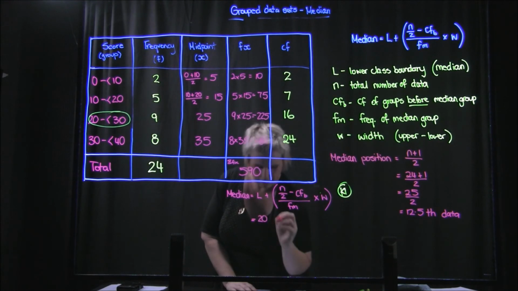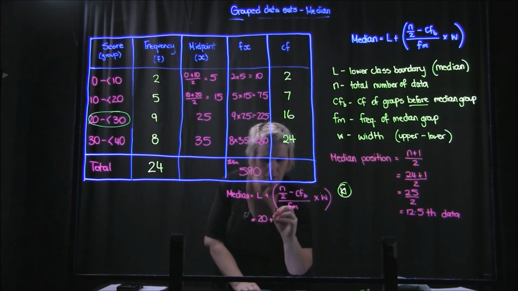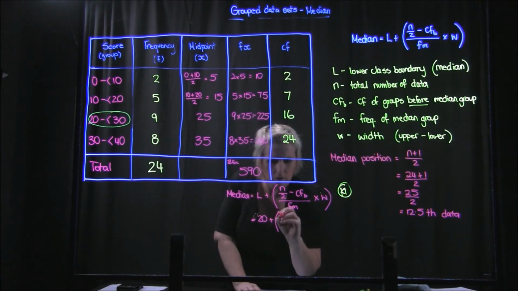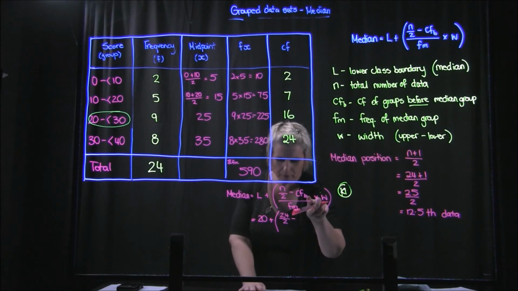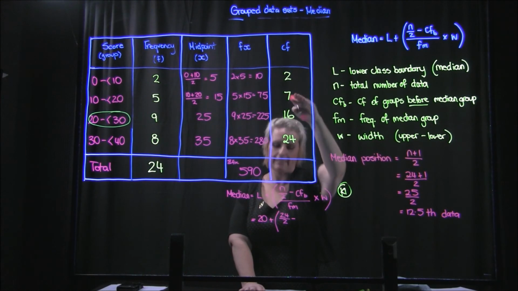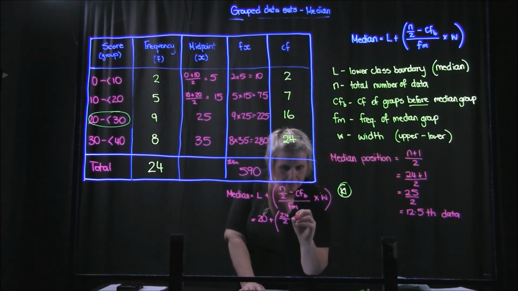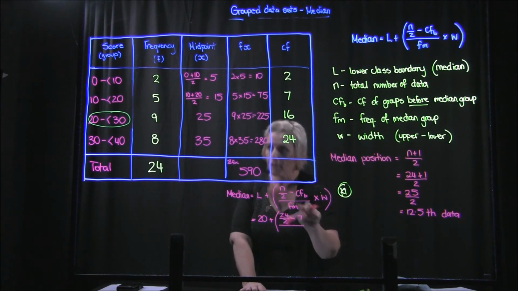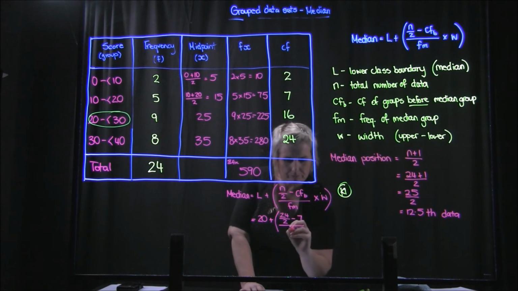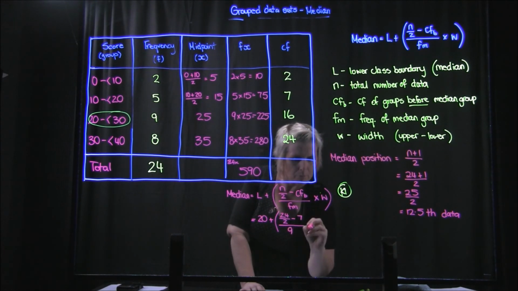So that's going to be 20 plus, so N is 24 over 2 minus cumulative frequency before the median group. This is the median group. So the cumulative frequency of all the groups before it is 7. So that becomes 7 over frequency of the median group. So this is it here, median group, 9. And multiplied by the width.